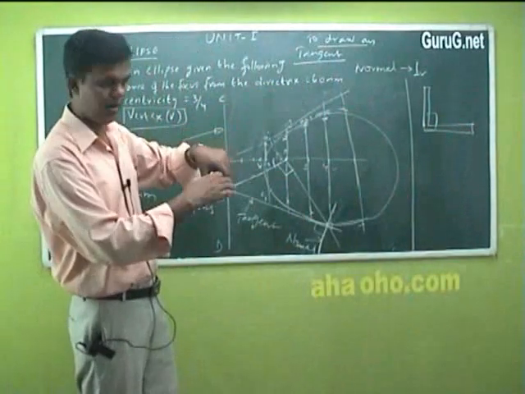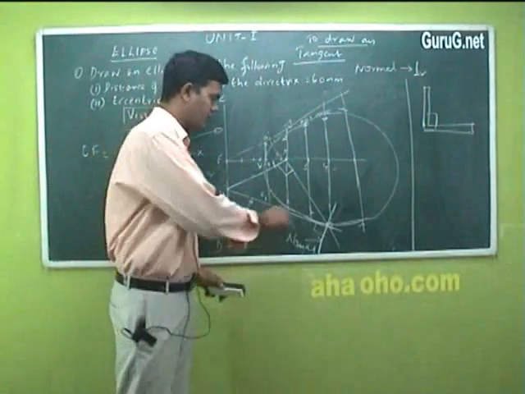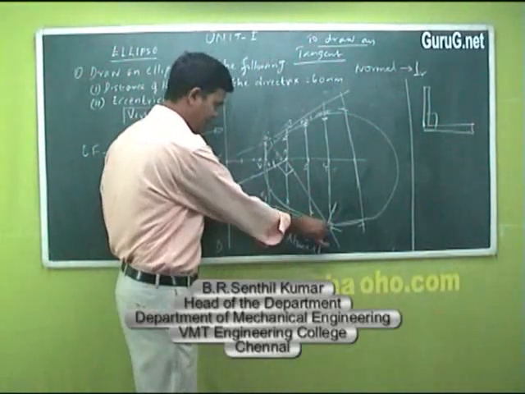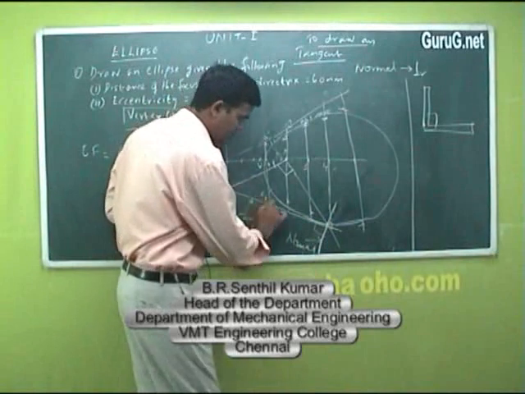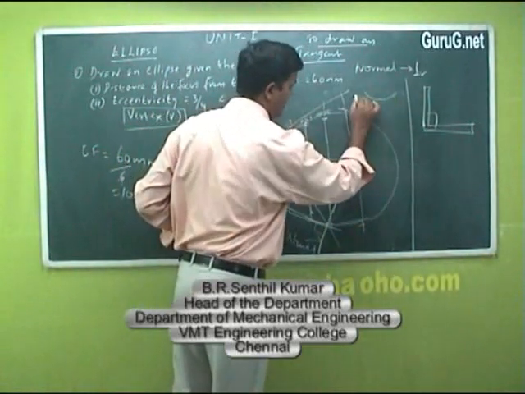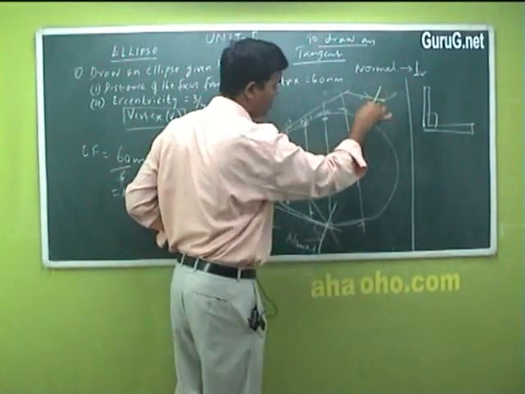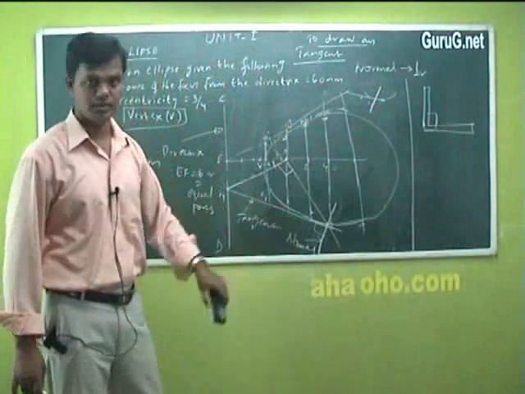Wherever you turn your drafter, you can just draw the opposite scale down, and this will be 90 degrees. Where it touches, you join to this point. So this will be touching the curve. If the arc is like this, it will touch like this. This becomes your tangent, and perpendicular to this you have to draw a normal line. That's what I have drawn.